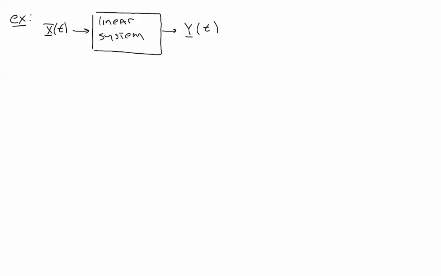One of the defining properties of a linear system is that I can only change the amplitude of particular frequency components, and I can delay particular frequency components. So let's assume that my input random process is a single frequency tone with amplitude A.